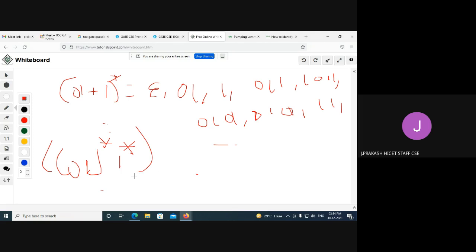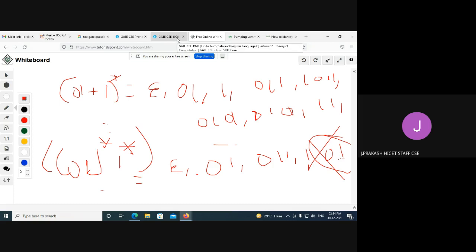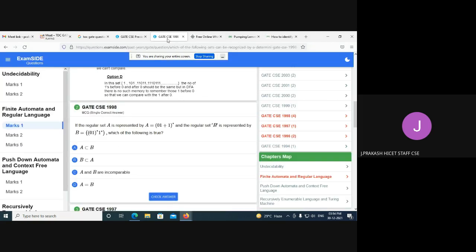So what will be the answer? Epsilon, 0 1, 0 1 1. 1 0 is not possible. 1 0 1 is not possible. So let me guess this one.